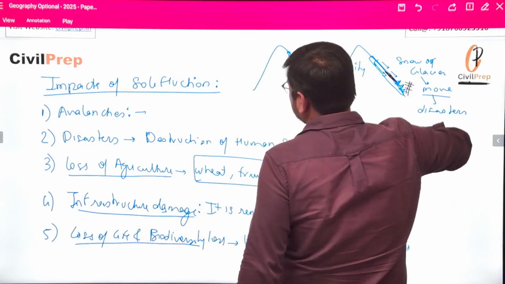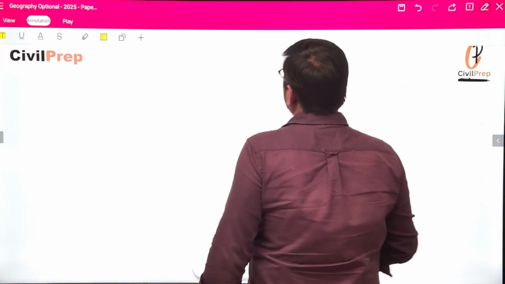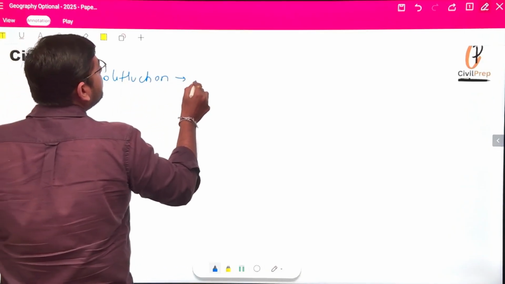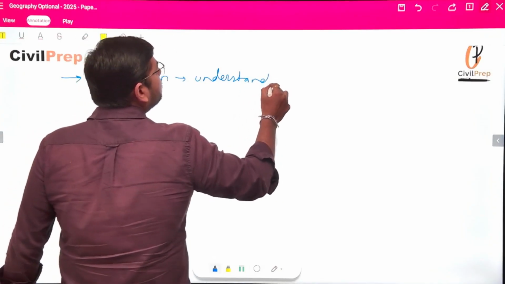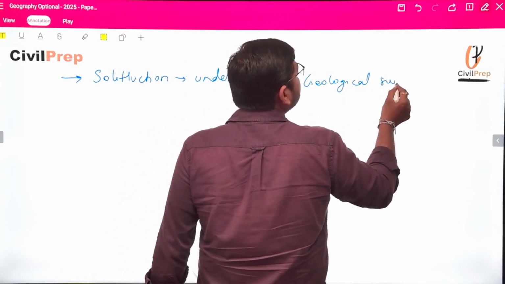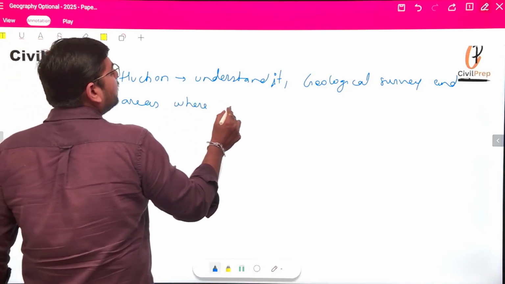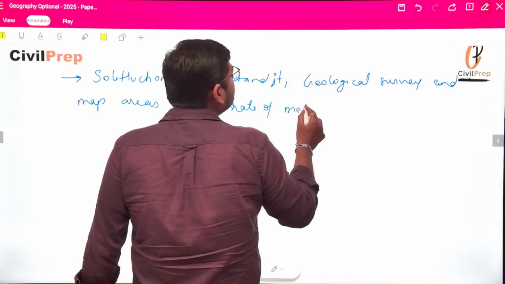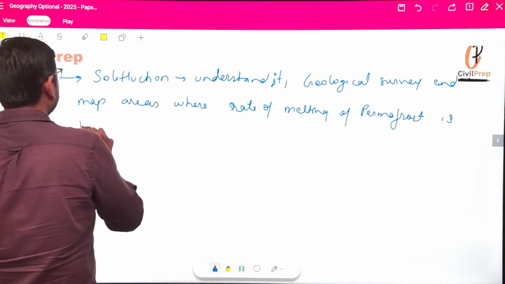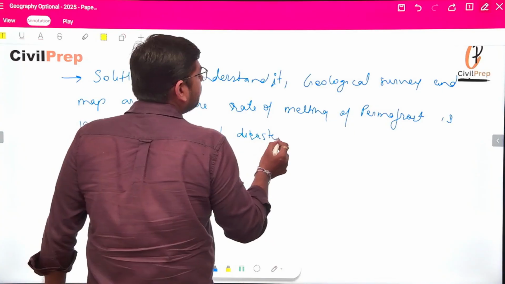So if we go to the conclusion part, we will see here that this solifluction, to understand it, we need to have a geological survey and map areas where the rate of melting of permafrost is increasing to avoid disasters and hazards.